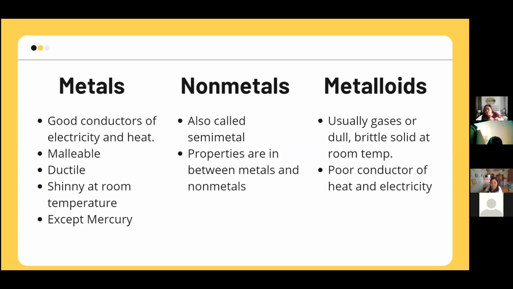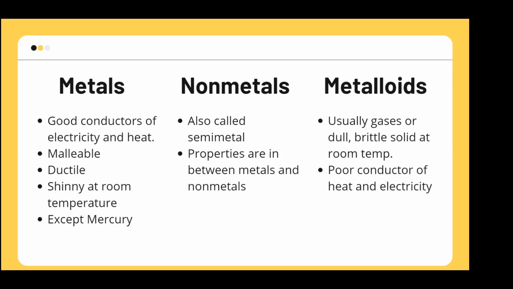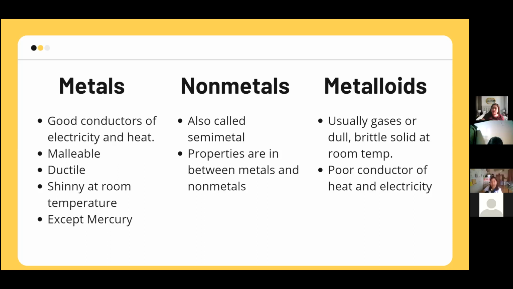And dito sa middle na column, metalloids dapat yan. Metalloids then non-metals. So metalloids are also called semi-metal. Bakit? Kasi their properties lie between metals and non-metals. Pero take note na they can't be classified as either. Hindi sila pwede matawag na metal, hindi rin sila pwede matawag na non-metal. And lastly, we have the non-metals. So ang properties ni non-metals is totally opposite lang talaga kay metals.